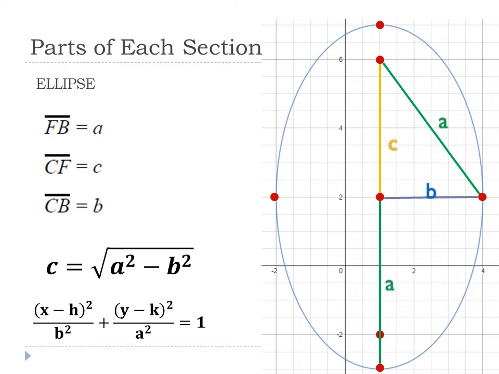And as you can see, A is still the hypotenuse of this triangle, okay? And A will still be the distance from the center to the vertex, and will still run along the major axis, and the minor axis will be the distance marked by B, okay? In this case, 2B if you go from covertex to covertex.